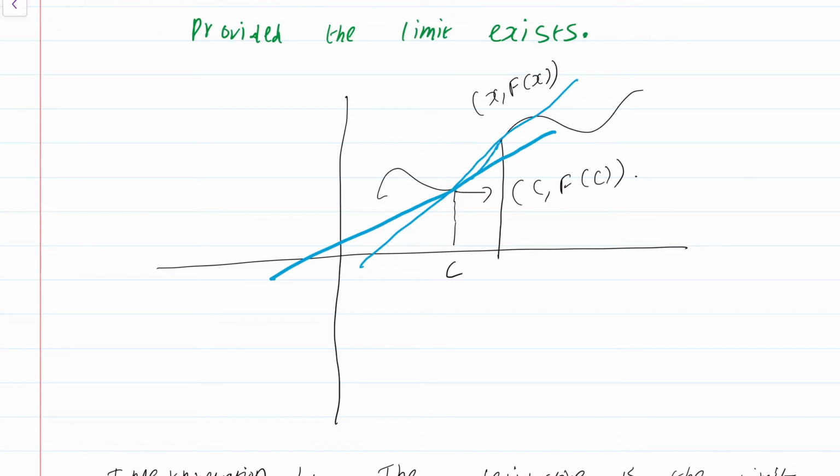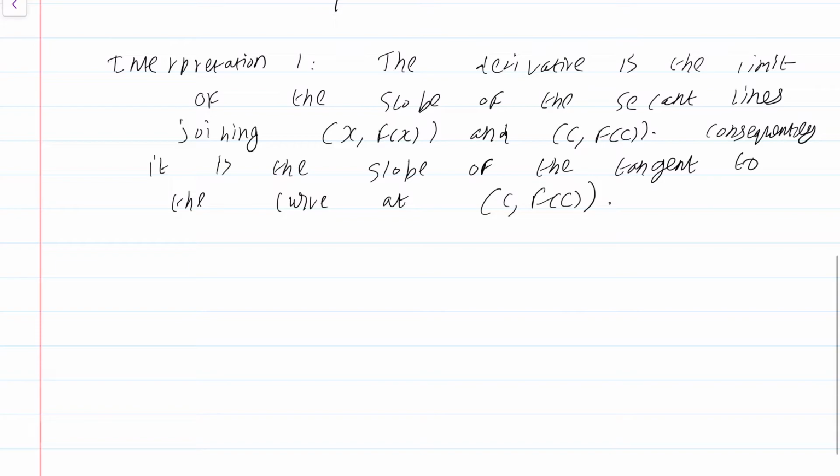As you move this point x, f of x closer and closer to c, f of c, these secant lines move and become closer and closer to the tangent to this graph at the point c, f of c. Finally, at the limit, it will in fact give you the slope. This is interpretation 1 that you are very familiar with from your high school studies.